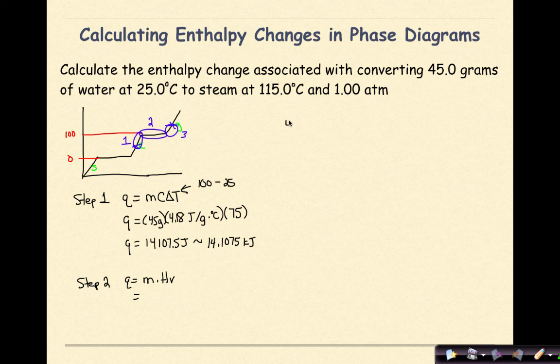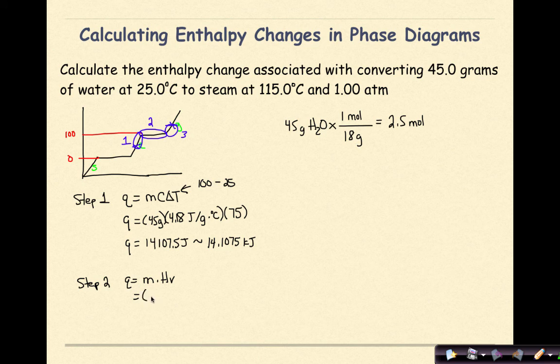So 45 grams of water, multiplication sign in a line, the gram formula mass of water is 18 grams per 1 mole. If I work that out, it's approximately 2.5 moles of water. Now that I have that, I can plug it into my formula.